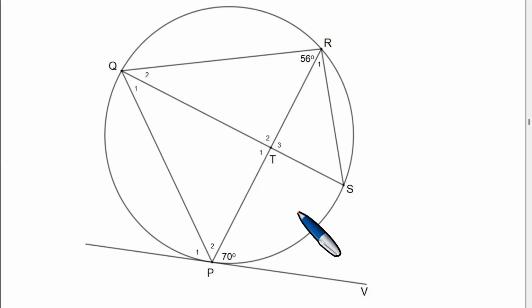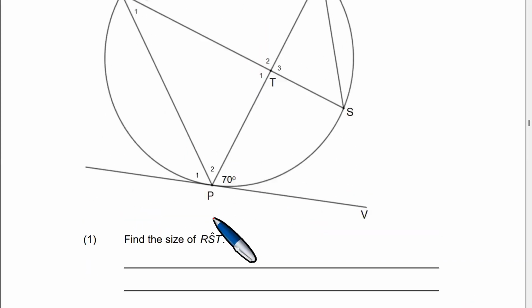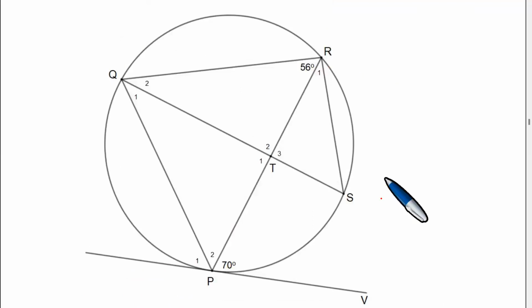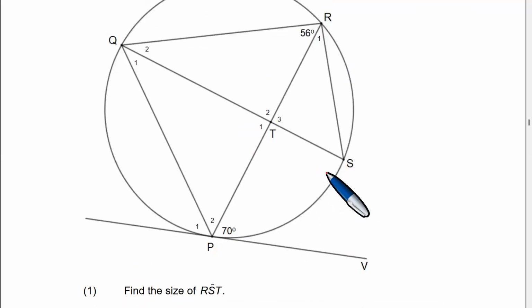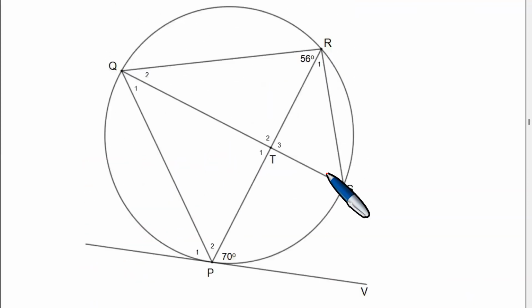Right, so at this point, they want to find angle RST. All right, so to find angle RST, it is actually this angle there. So the question becomes, what is angle RST?